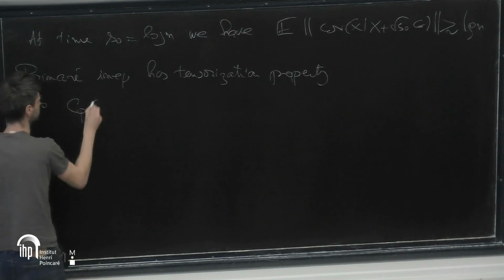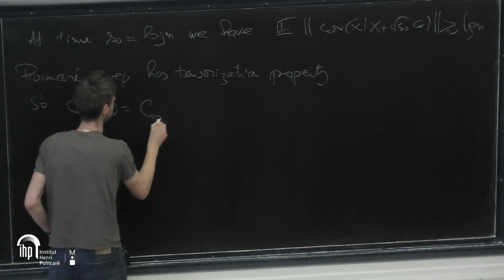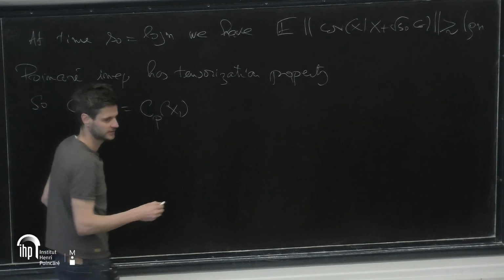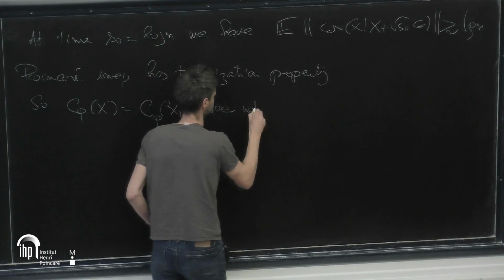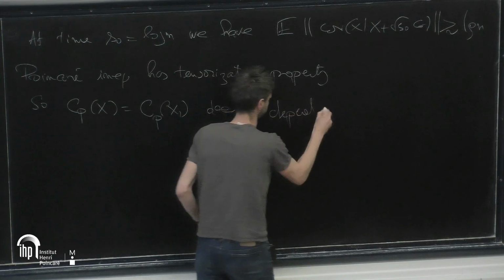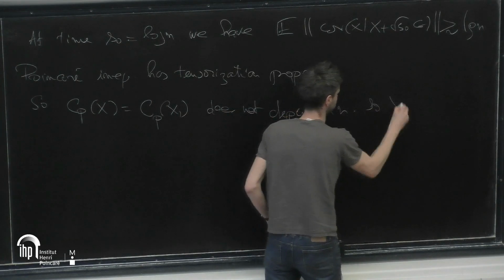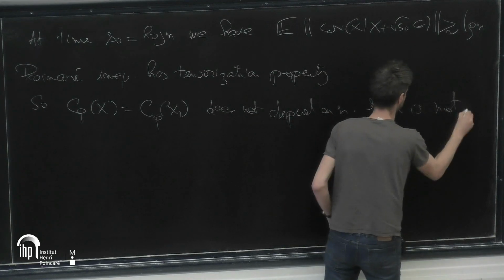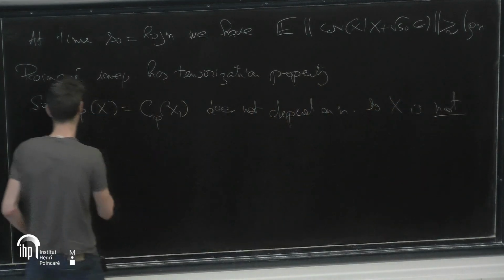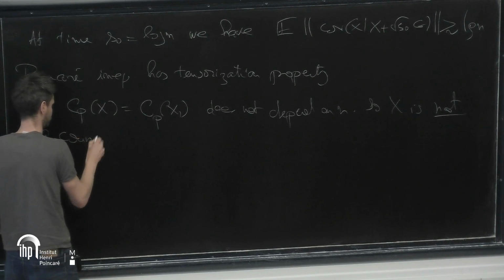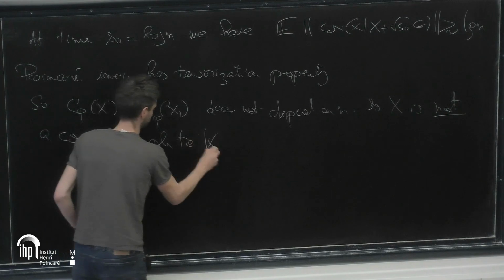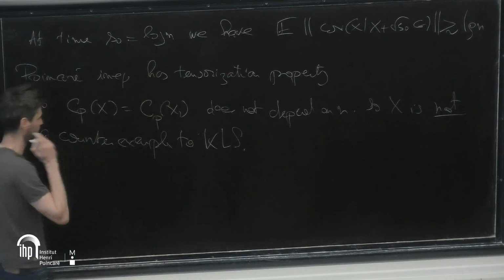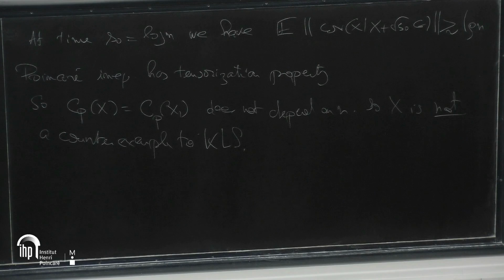So the Poincaré constant of x is just equal to the Poincaré constant of x1, does not depend on n. So x is not a counterexample to KLS, which means that the method of proof that we have for KLS has a gap even for a product of exponentials.